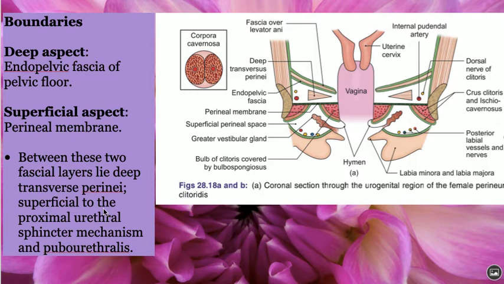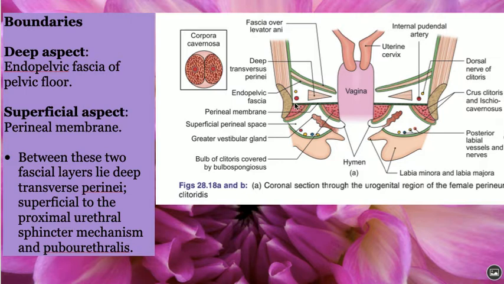So coming to the boundaries of the deep perineal pouch: superficially, this is the perineal membrane. Between the Colles fascia and the perineal membrane, we have the superficial perineal pouch. Above the perineal membrane and below the endopelvic fascia, this entire space is your deep perineal pouch.